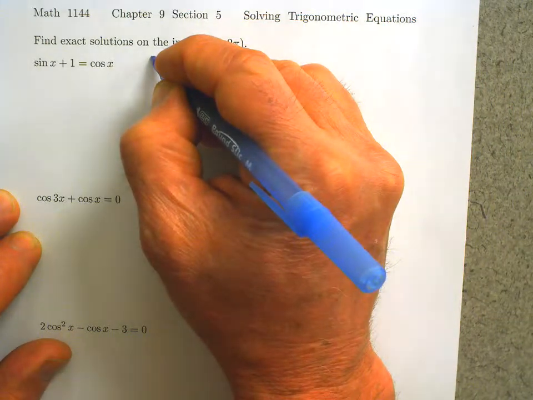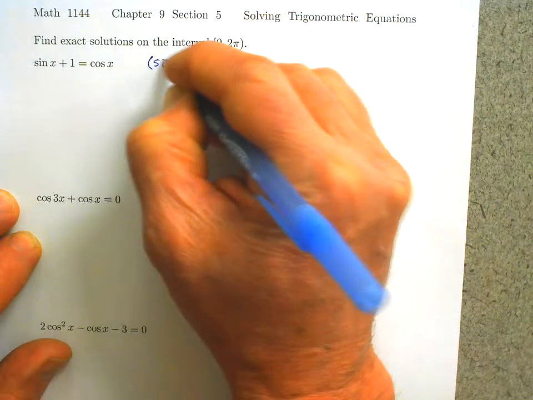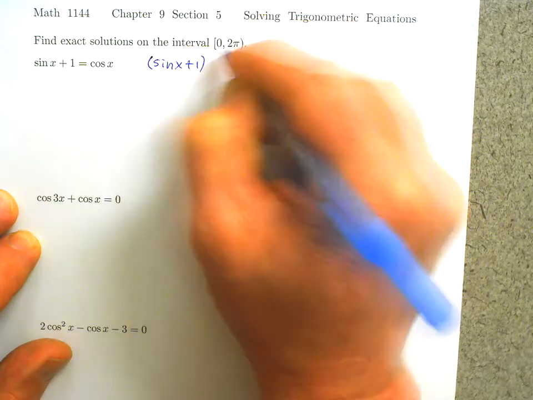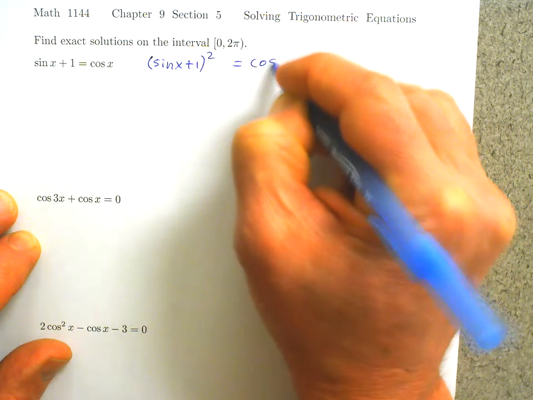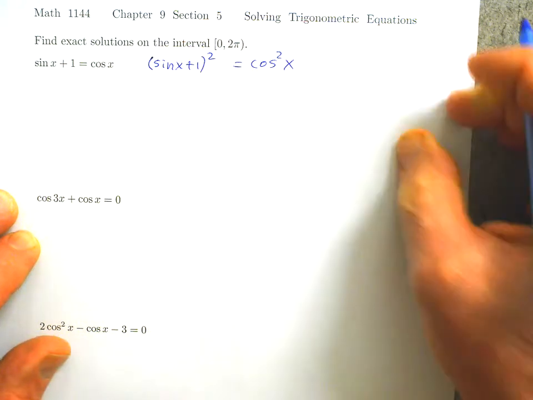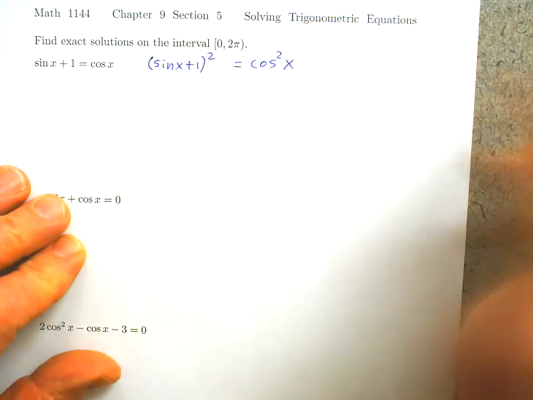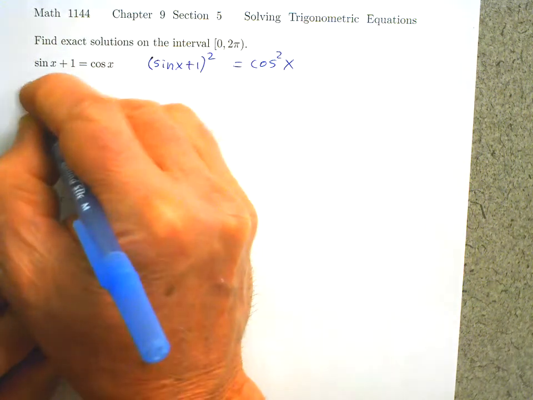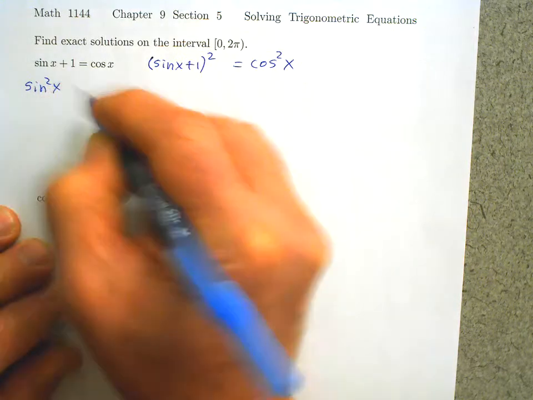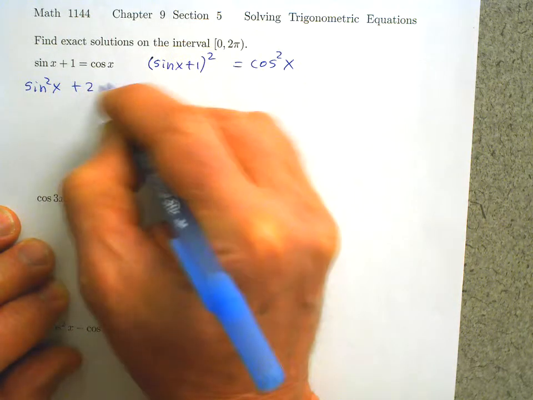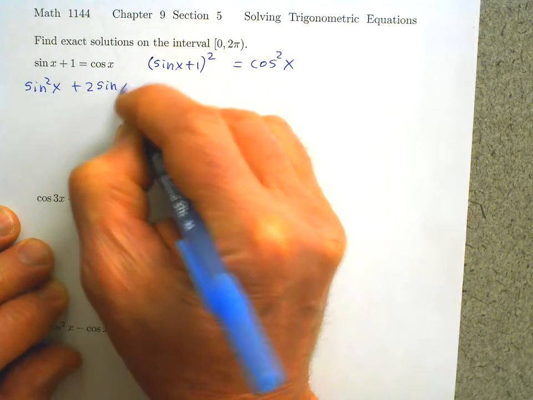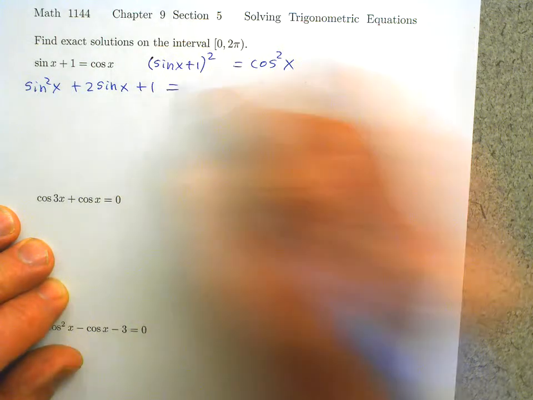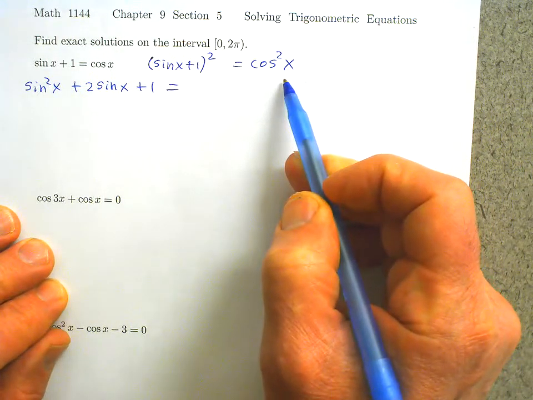So if we square both sides, (sine of x plus 1) squared equals cosine of x squared. When we square sine of x plus 1, we get sine of x squared plus 2 times sine of x plus 1 equals cosine of x squared.